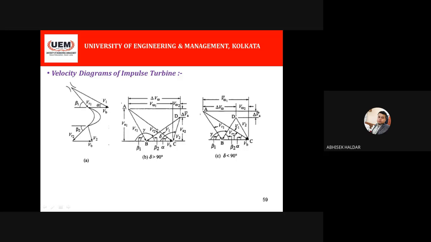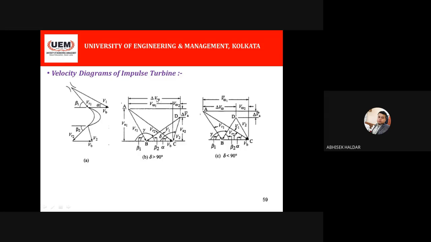Now you can see there are several terms, this VW and VA. This is the tangential component of the velocity, and the vertical one is the axial component. I think similar things you have studied in fluid mechanics, hydraulic turbines also, isn't it? The velocity V suffix W means what?